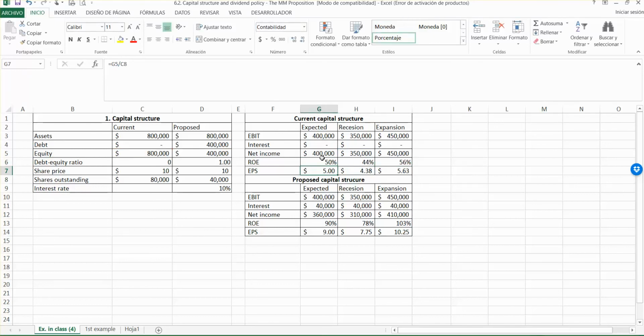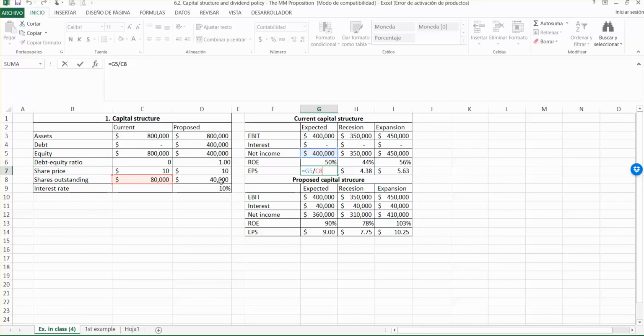The equity per share is how it represents the income in our shares outstanding. That's why it's the division of net income by shares outstanding.